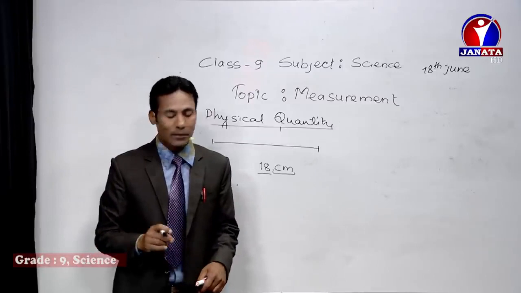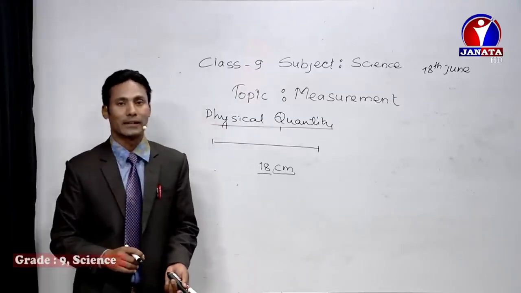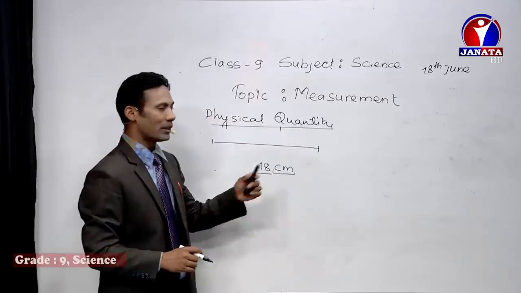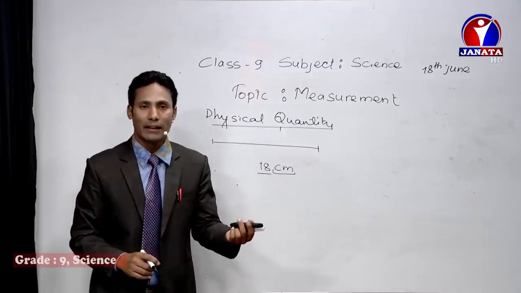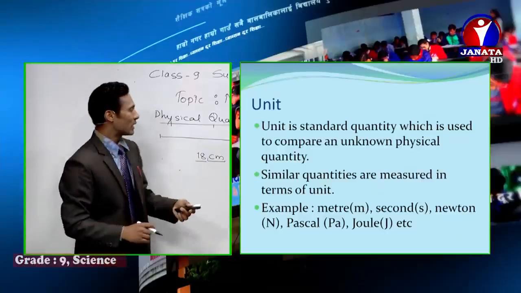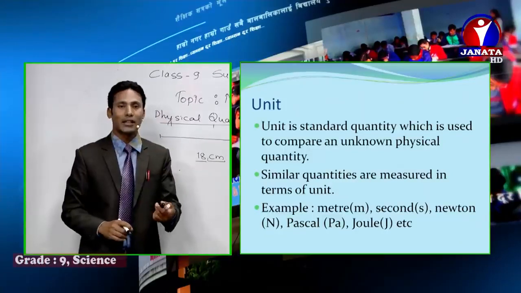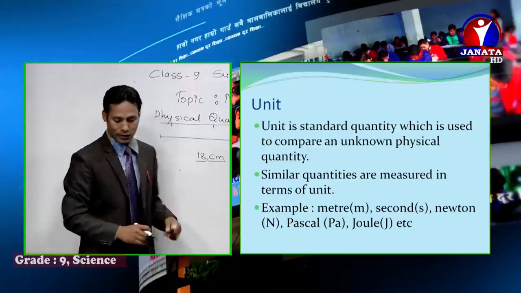That means similar quantities can be measured using the unit. Examples: centimeter is a unit of length, meter is also a unit of length, joule is the unit of work or energy, and for force the unit is Newton.